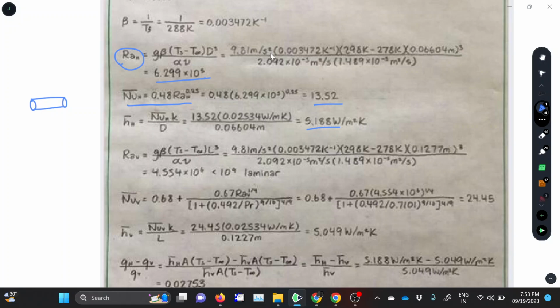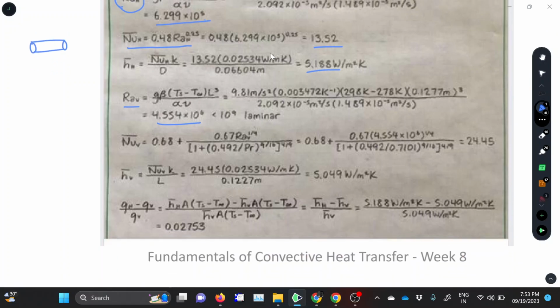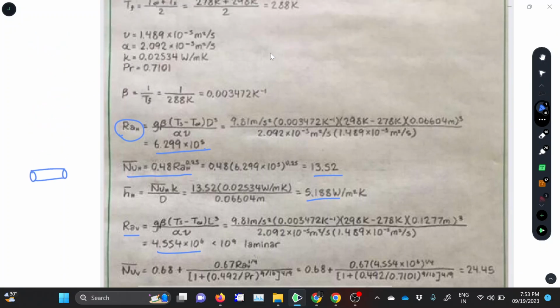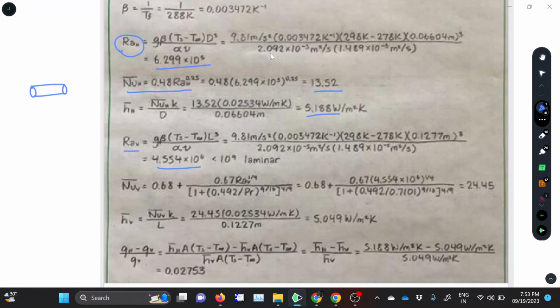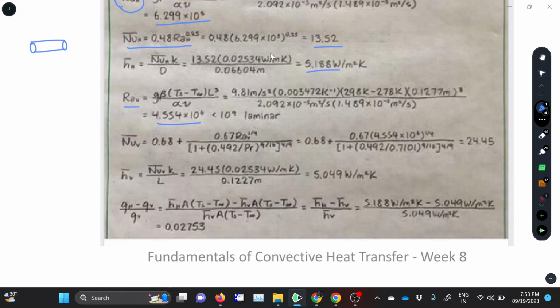Now, for the vertical case, the Rayleigh number comes out to be higher. It's something into 10 to the power minus 6, which is at least one order higher than the Rayleigh number for the horizontal case. But for a vertical cylinder oriented in this manner, the Nusselt number is related to the Rayleigh number and Prandtl number in this more complicated way.